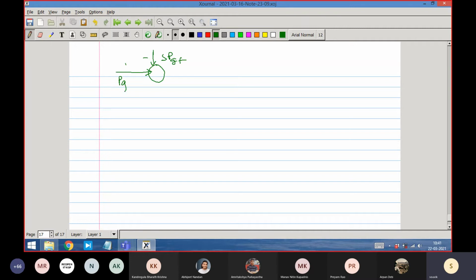This is PGF, and that is 1 minus SPGF, which should be getting added. Before that, we take PGB plus. So the arrow of S into PGF should be opposite now. This means dissipated.